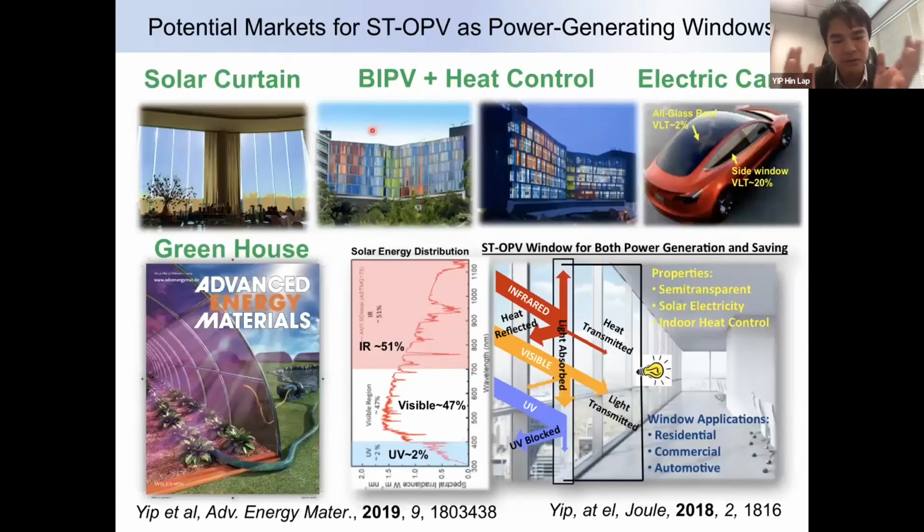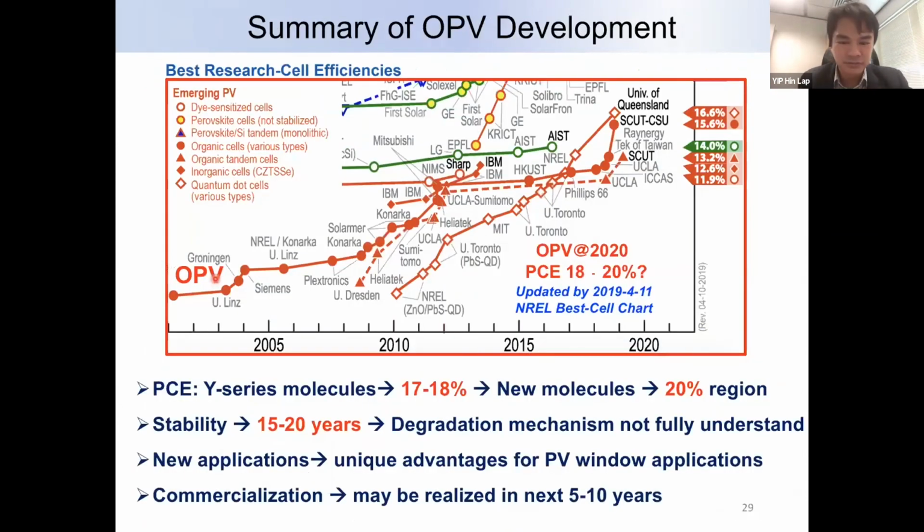So we will also be able to explore applications such as rollable solar curtains, or BIPV together with heat insulation function, using it on electric cars, or even tailoring the spectrum for greenhouse applications. With that, I would like to make a conclusion.